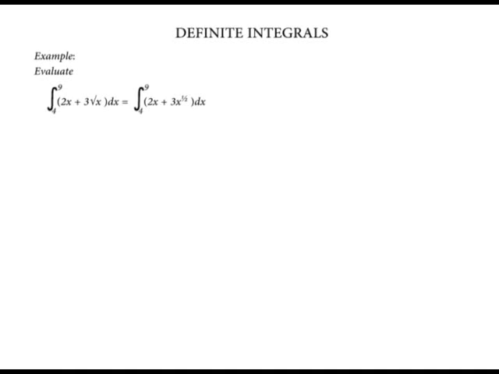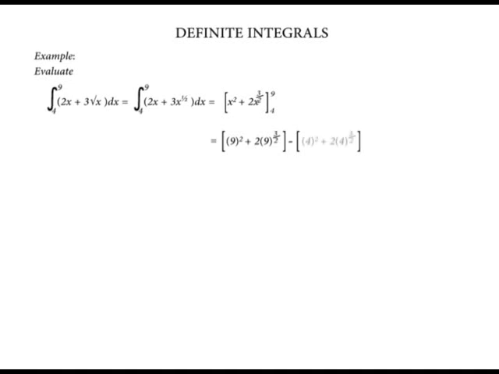So that gives us x squared plus 2x raised to power 3 over 2 in the square brackets, and we put 9 and 4. Proceeding to get the integral value for the upper limit, we substitute 9. So we shall have 9 squared plus 2 times 9 raised to power 3 over 2 in one square bracket minus, to get the integral value for the lower limit, we substitute x for 4.